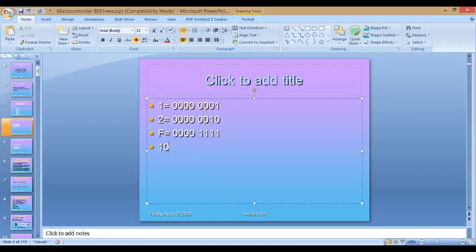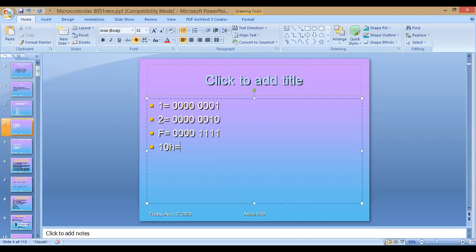This is the hexadecimal numbering system, 10, and we denote it as 10H, where H indicates a hexadecimal number.